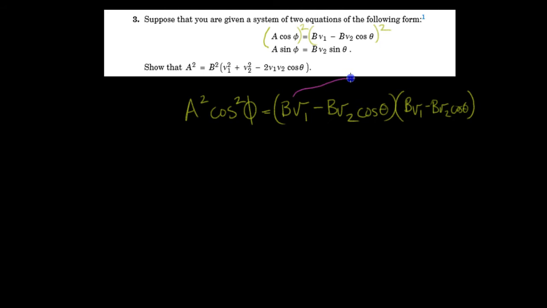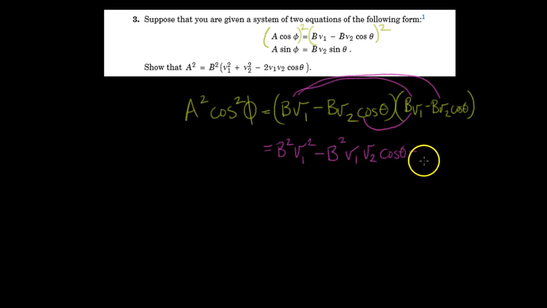So b v1 times b v1 would equal b squared v1 squared. And then I'm going to do this, which would be, do you see how b times b is b squared? I have a v1 and a v2, and I have a cosine theta, right? Now I'm going to do this and this, okay? So I have another minus because of this negative sign.